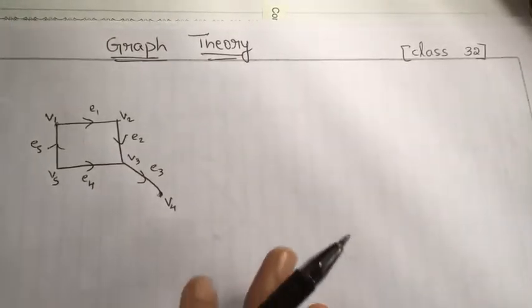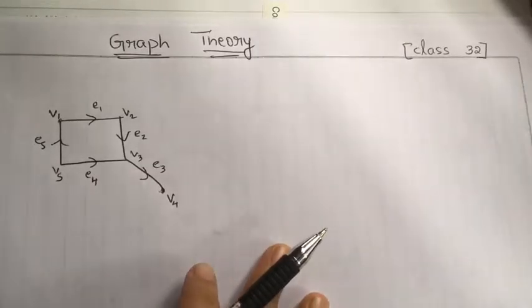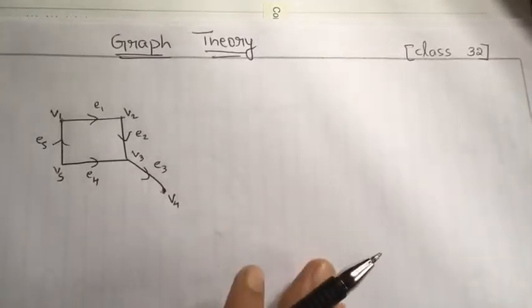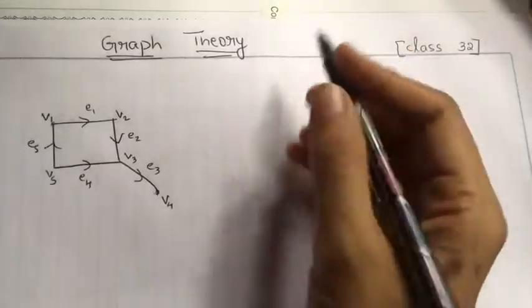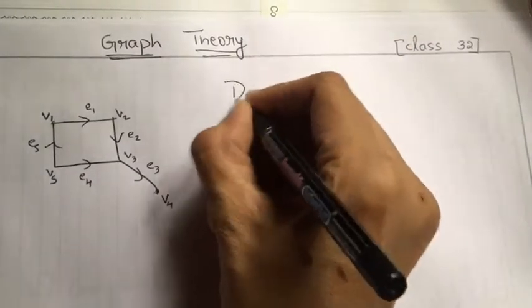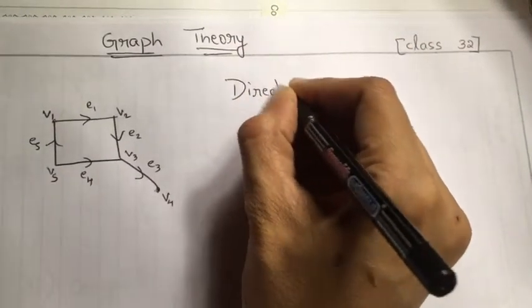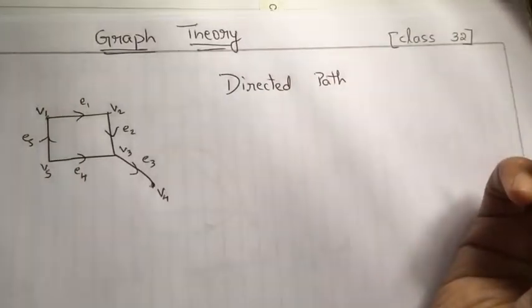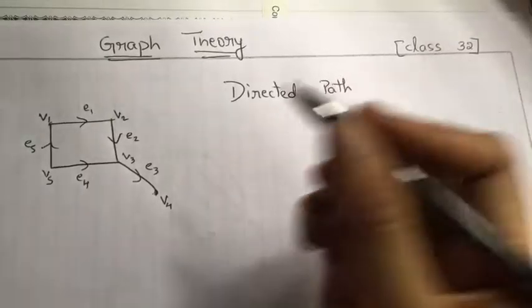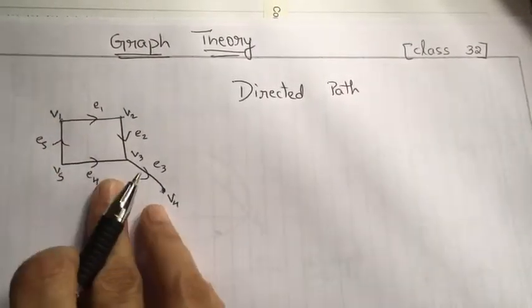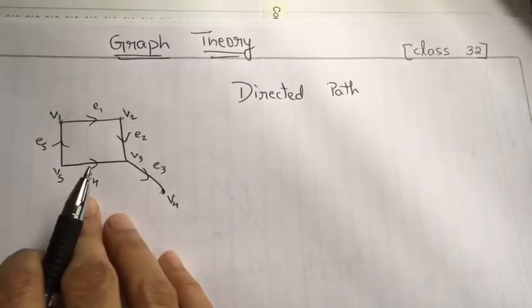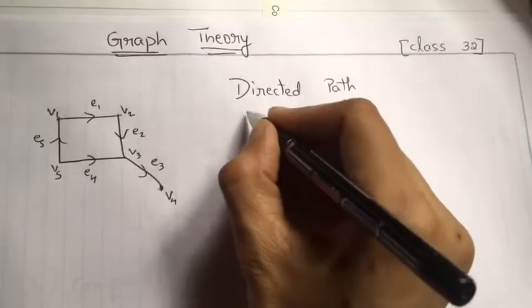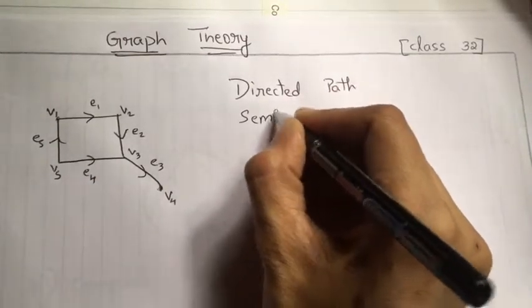A sequence of vertices and directed edges is called a directed path, whereas a sequence of vertices and edges without proper orientation is called a semi-path.